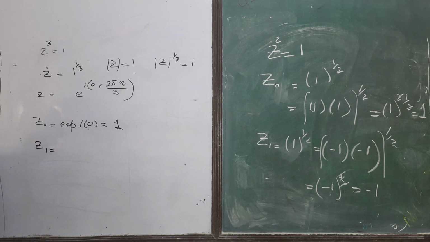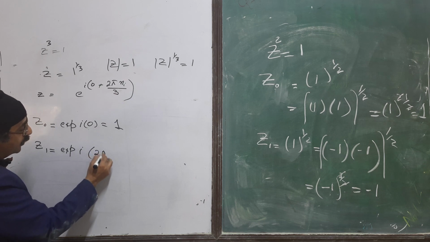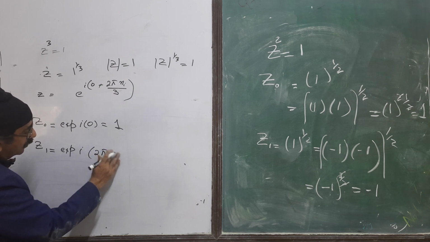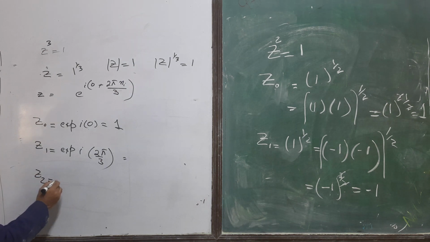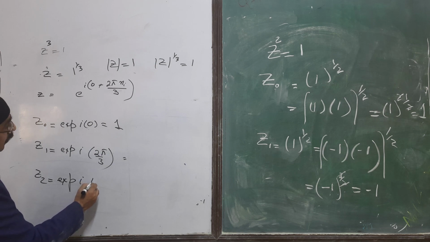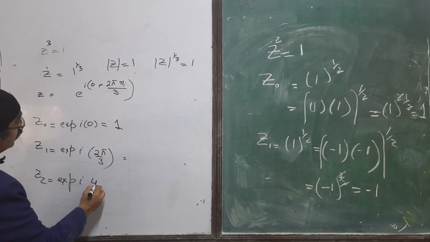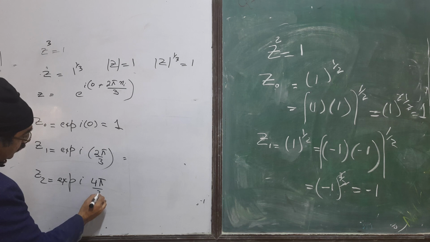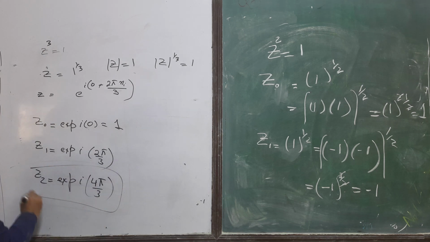Z1 will be, one root is very clear. That one is very clear. Okay. Other will be root 3. And other root will be 2, 4 pi over 3. Okay. So these will be the 3 roots.